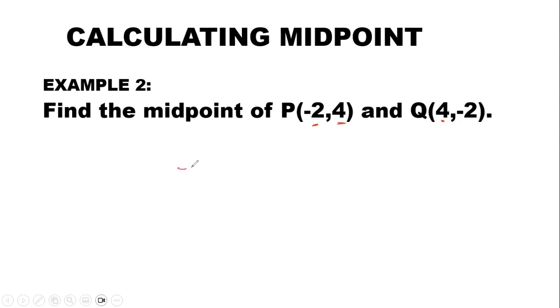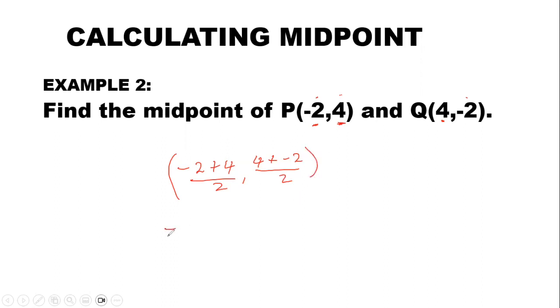So you can just do -2 plus 4 all over 2, comma, that is this plus this, comma, then the average of the y coordinates, which is going to be 4 plus -2 all over 2. So you have to be careful here. 4 plus -2 all over 2.